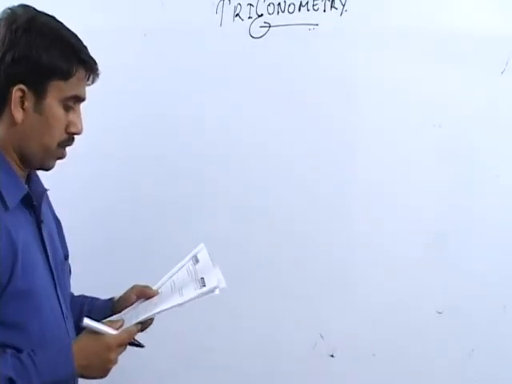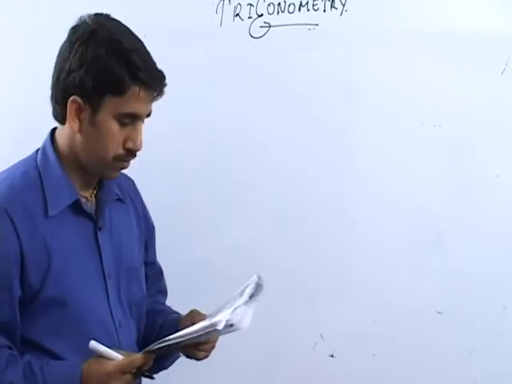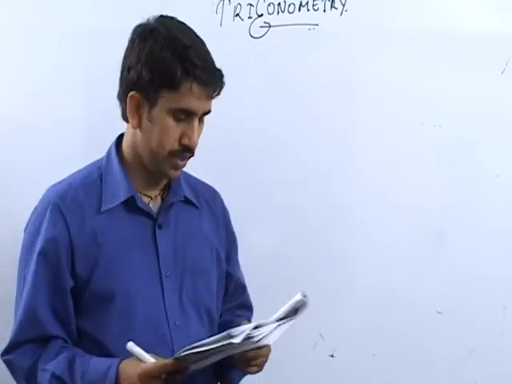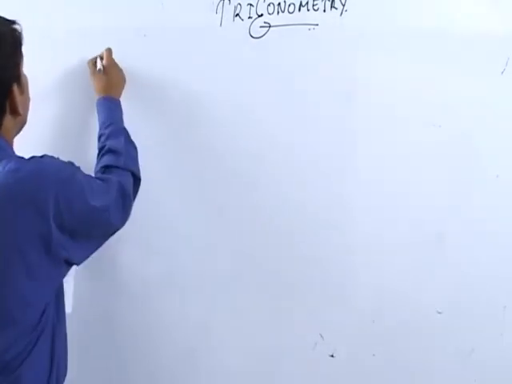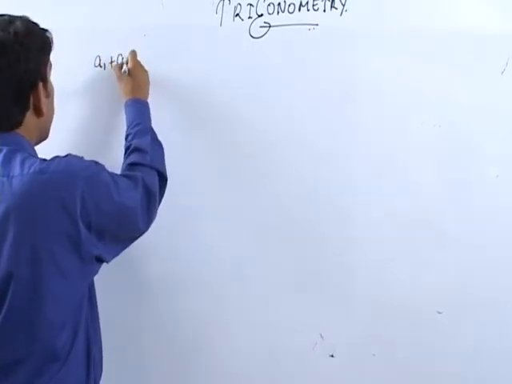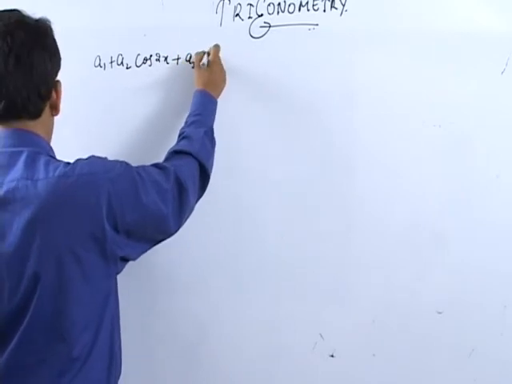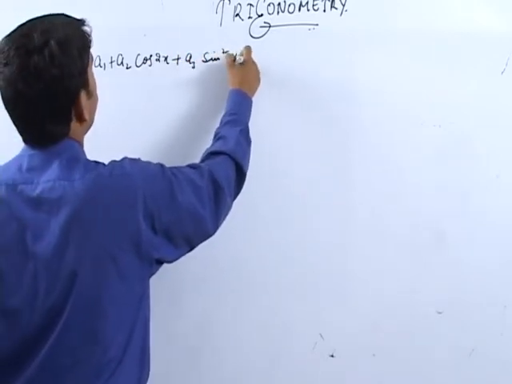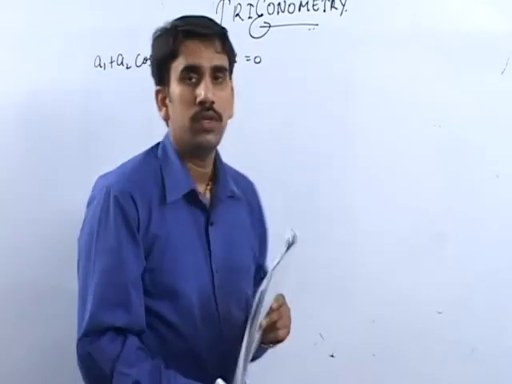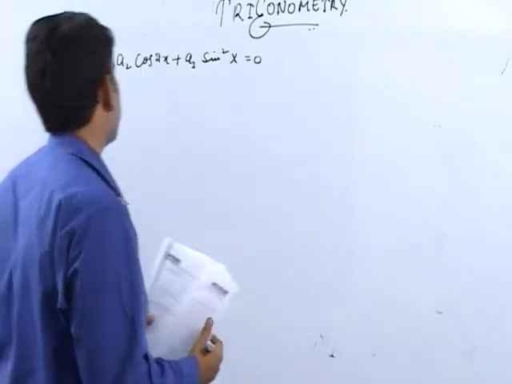Now, you have to find out the number of all possible triplets a1, a2, a3 such that a1 plus a2 cos 2x plus a3 sin square x is equal to 0. This type of question we have already done.